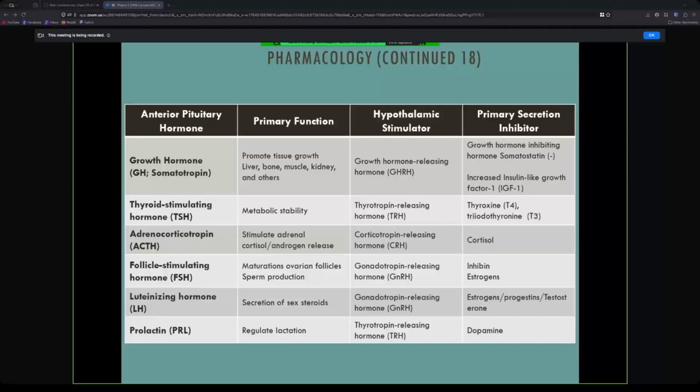If you don't remember normal for the HP axis, this is where you need to start, so that you understand normal, and so that you understand how our agents are being utilized somewhere in the HP axis, either as agonists or antagonists, to either decrease or increase the amount of the normal hormone that should be released by the anterior pituitary. So a good study guide if you need that refresher.